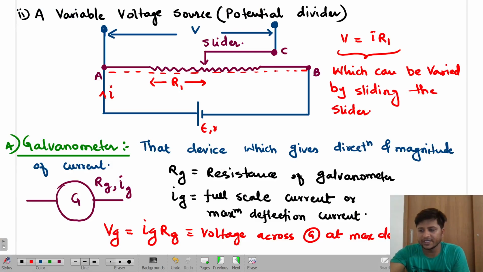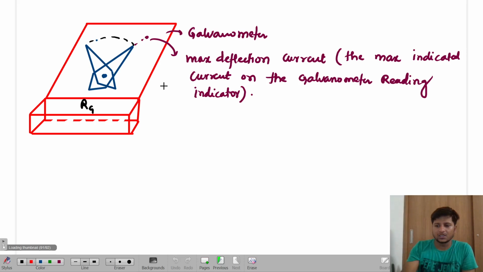So look over here. Basically, let's take an example. Let's suppose this whole galvanometer.